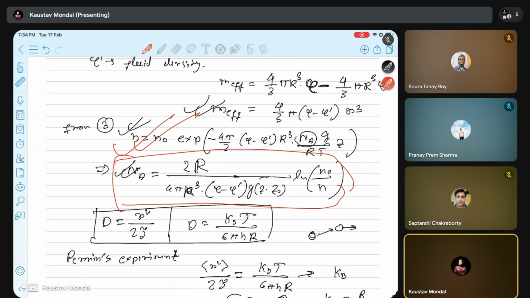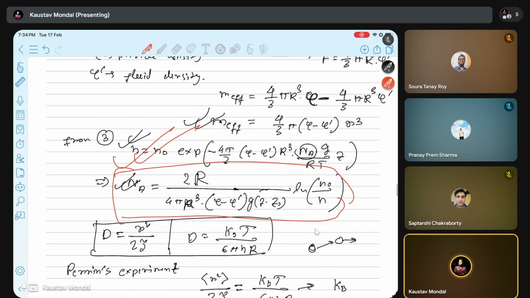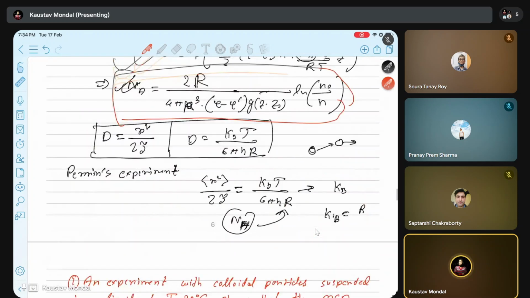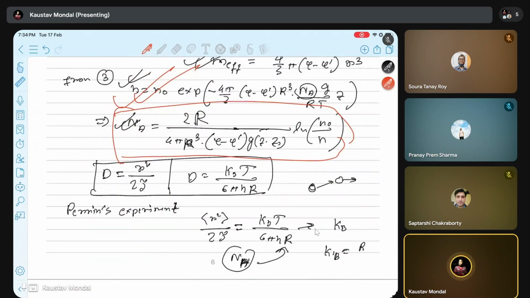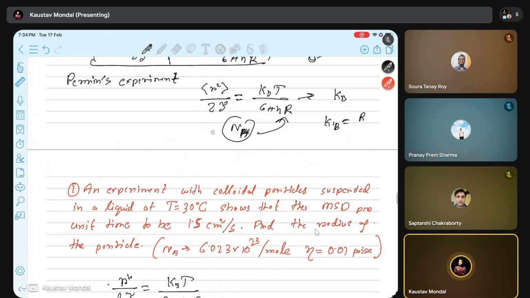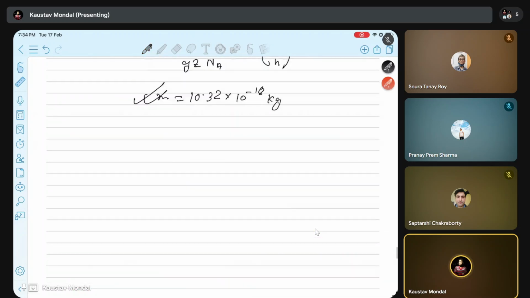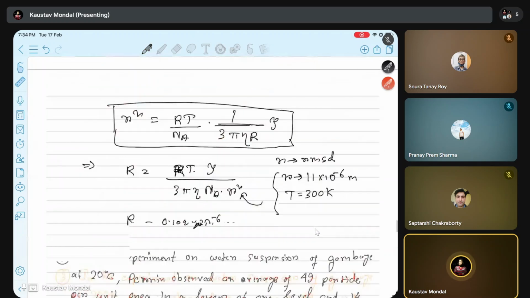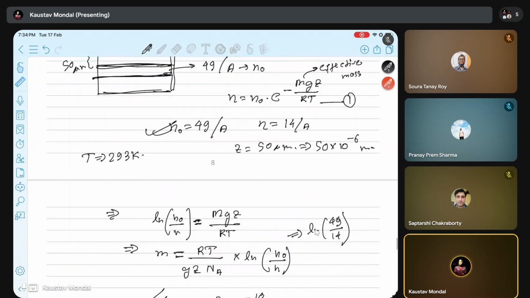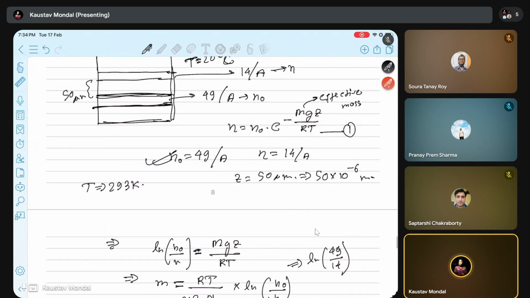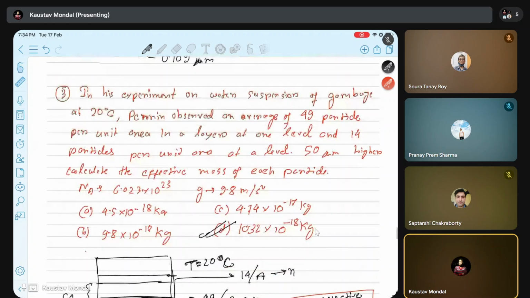So in both ways Perrin did the experiment, and he successfully calculated the same value of the Avogadro number. So this is the second type of experiment, the sedimentation problem. The main thing you have to remember is this expression: how the particle density is changing with the horizontal distance. This is the important expression here. Now question 4.